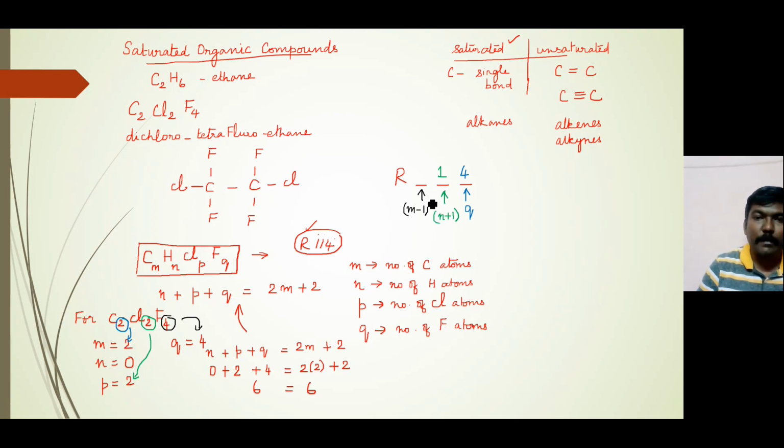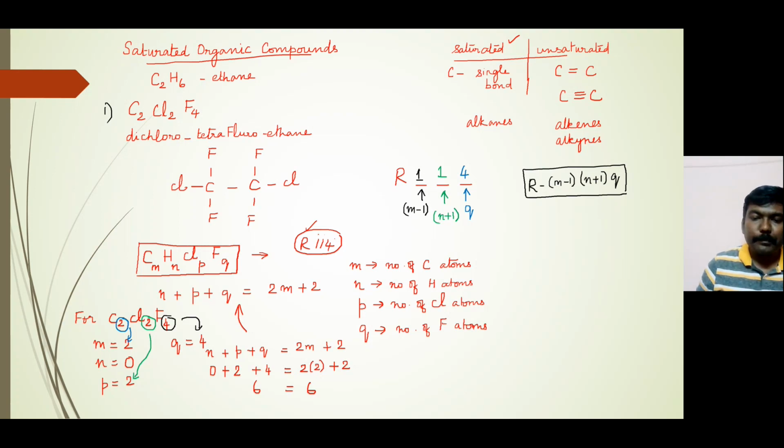We have 2 carbon atoms, so 2 minus 1 is again 1. So that is how we designate dichlorotetrafluoroethane as R114. It is going to be R followed by m minus 1, then followed by n plus 1, followed by q. So this is how we give a designation for a refrigerant which is a saturated organic compound.